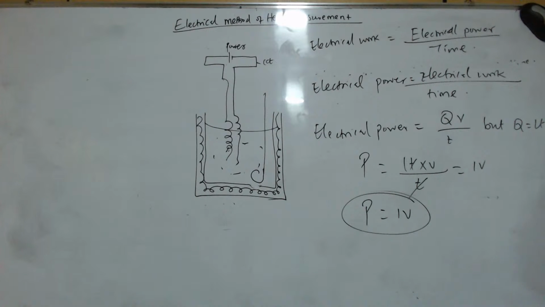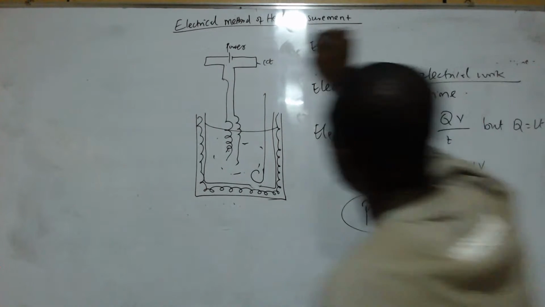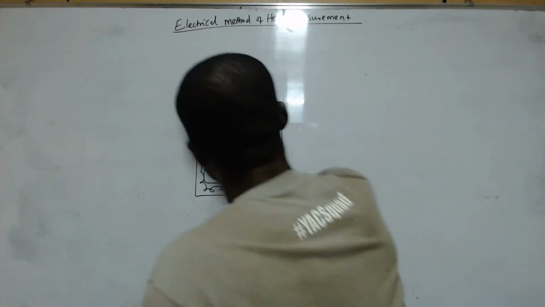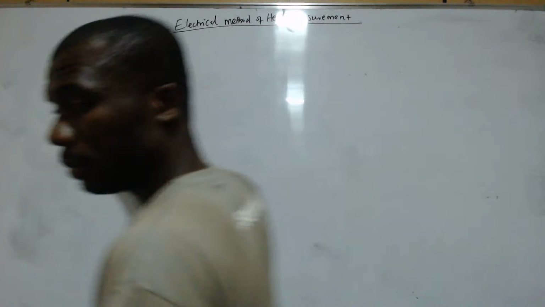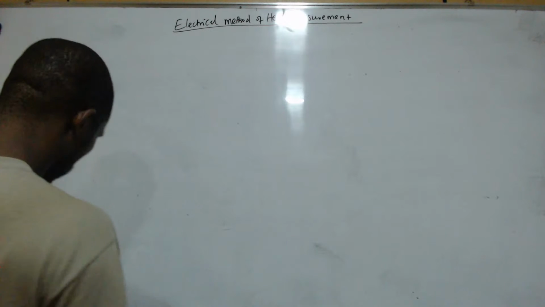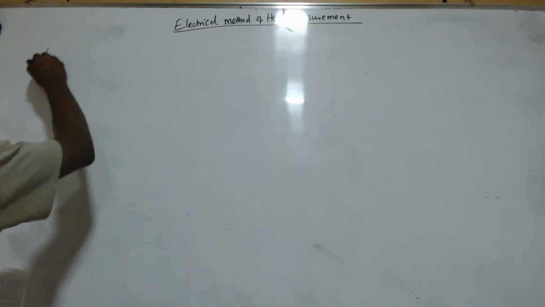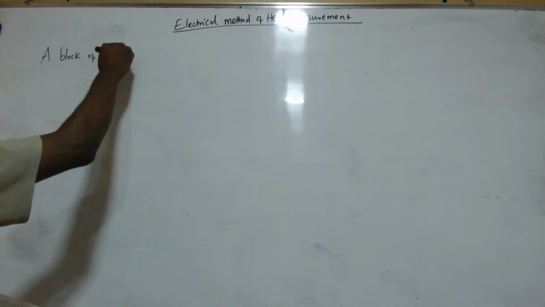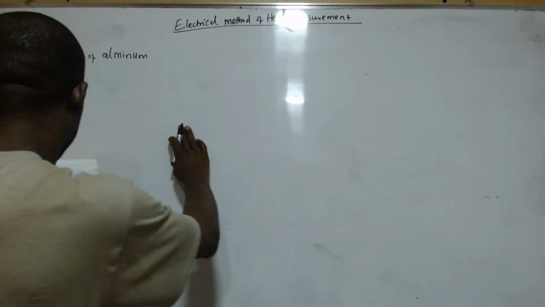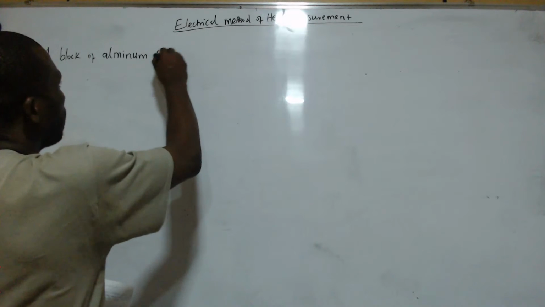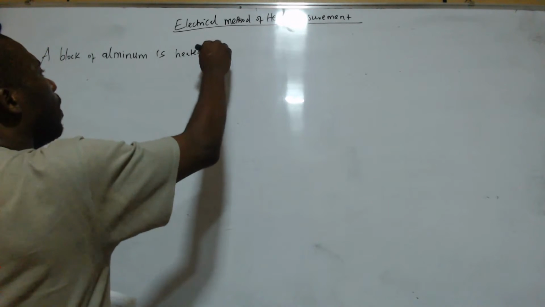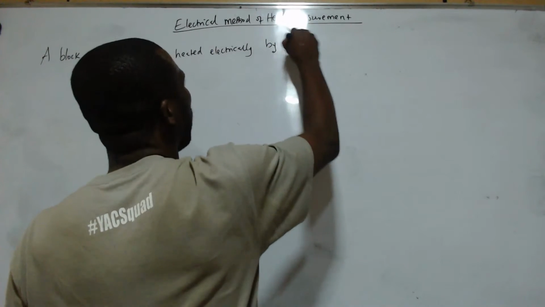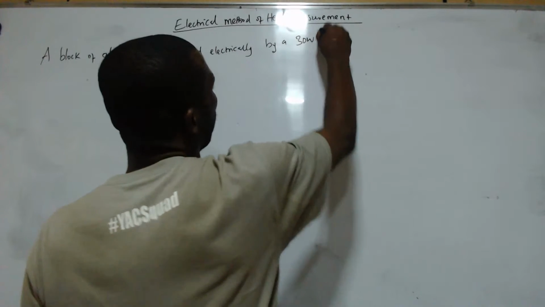It says a block of aluminium is heated electrically by a 30-watt heater.